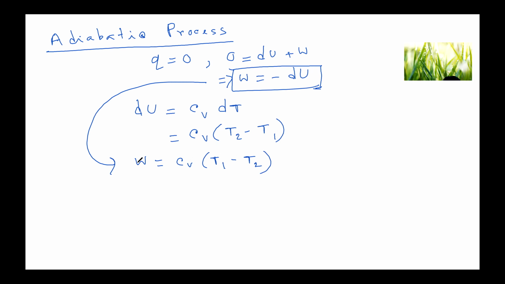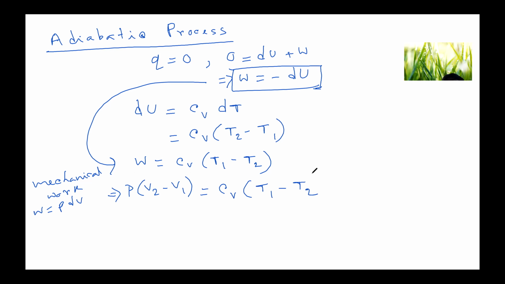So if we restrict the work to be mechanical work only, what do we know? W equals PdV. So in this case, P into the change in volume, V2 minus V1, equals Cv (T1 minus T2). Okay, so this is the mathematical formulation of the first law in case of an adiabatic process.